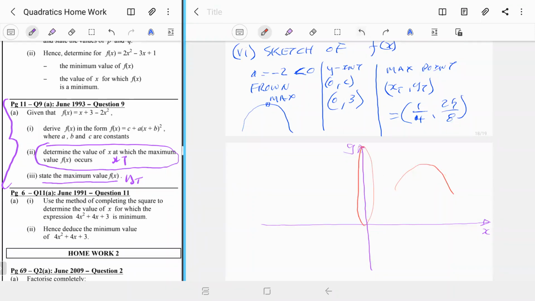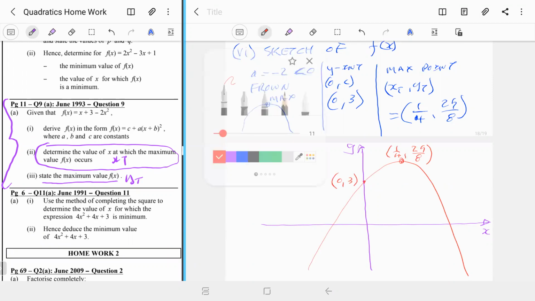It's not complicated, just do it. Then label it properly. This point is our maximum point, with coordinates a quarter, 25/8. My y-axis intercept is the point 0, 3.